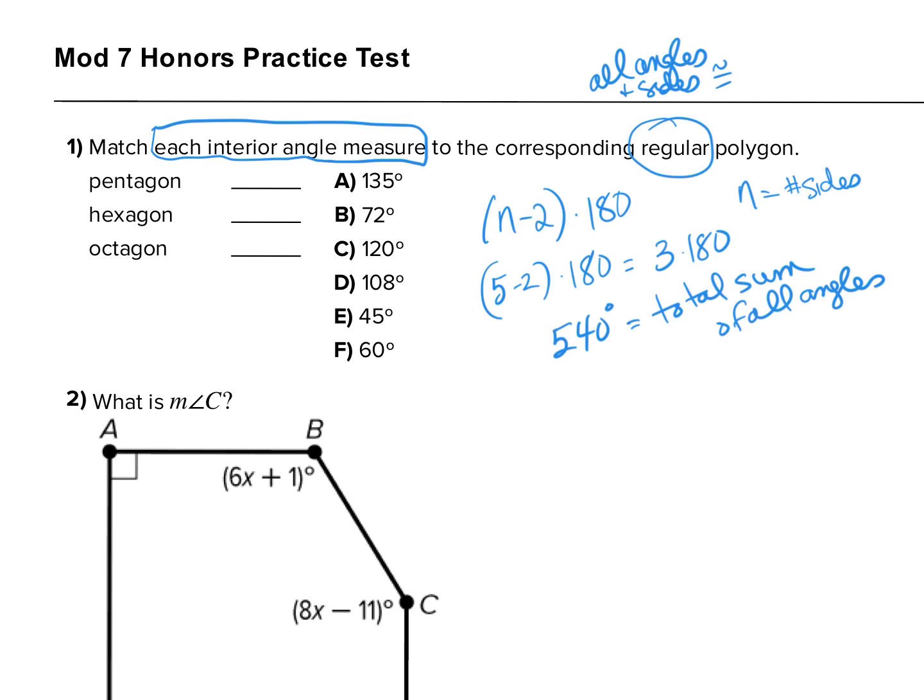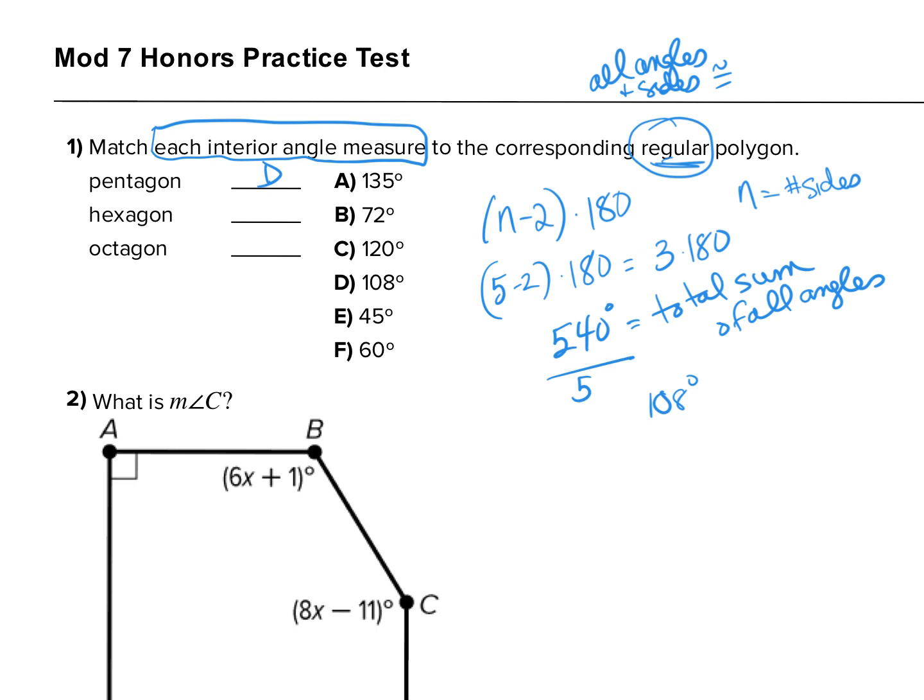Now, because it's a regular polygon, and you can only do this with a regular polygon, to determine a single interior angle, we divide the total sum by the number of sides, in this case a pentagon. So we're looking at 540 divided by 5, and that gives us 108 degrees each. So for our pentagon it would be D.